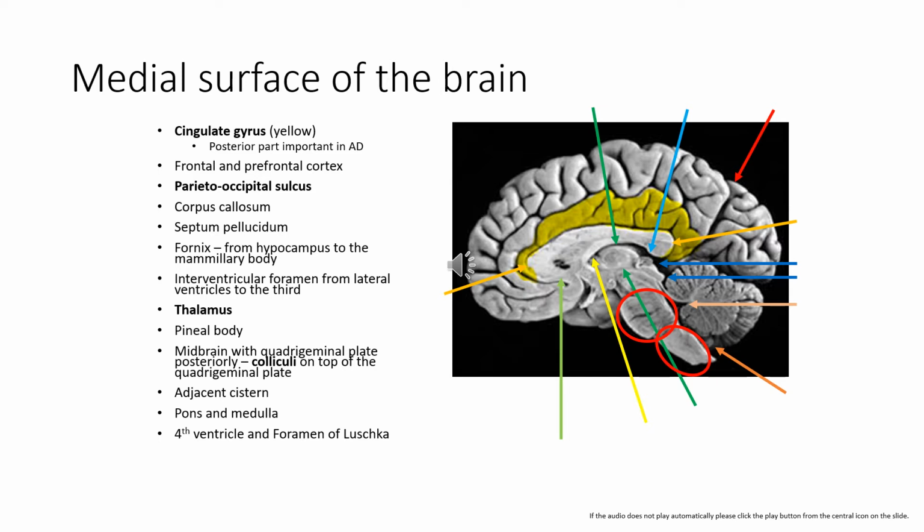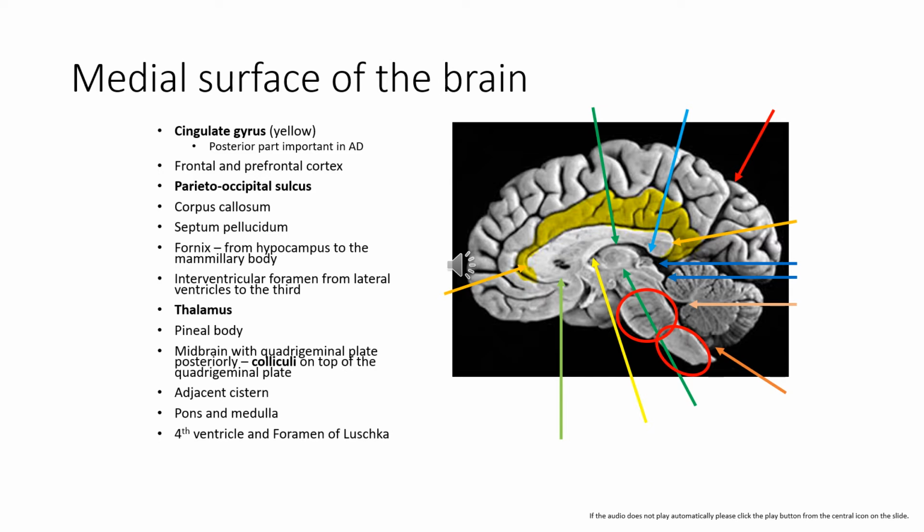If you click as we discuss each structure, then different colored arrows will appear, and this will help you hopefully orientate yourself within this medial surface anatomy. So if you click now, you'll see the red arrow, and this shows the parieto-occipital sulcus.